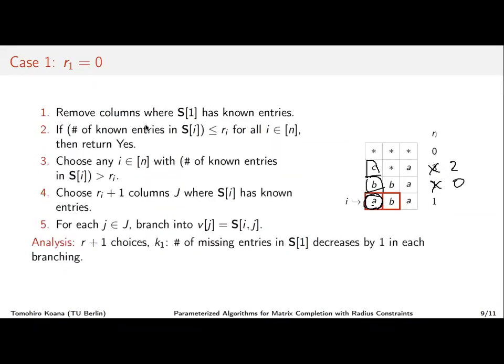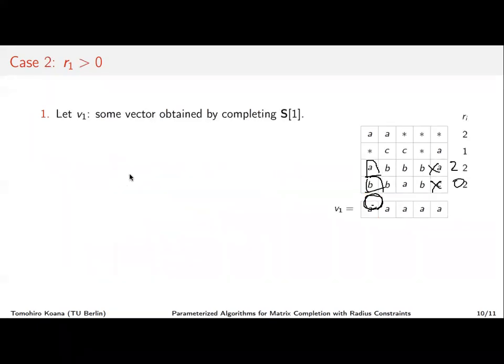If you look at it, in each branching there are at most R+1 choices, and K1 decreases by 1 in each branching.